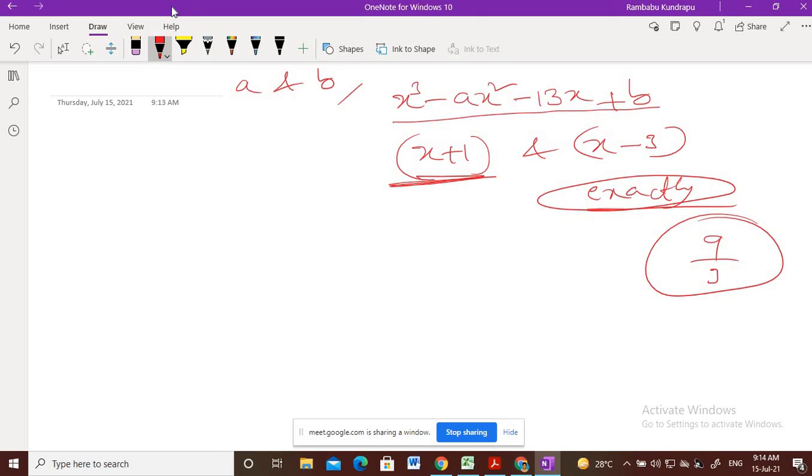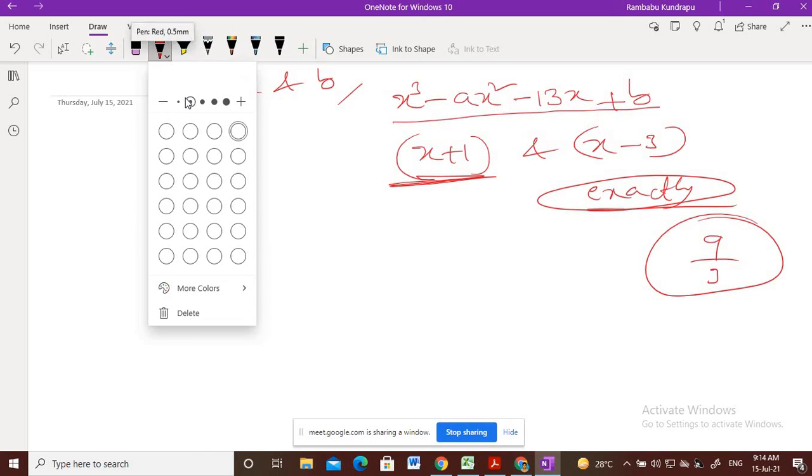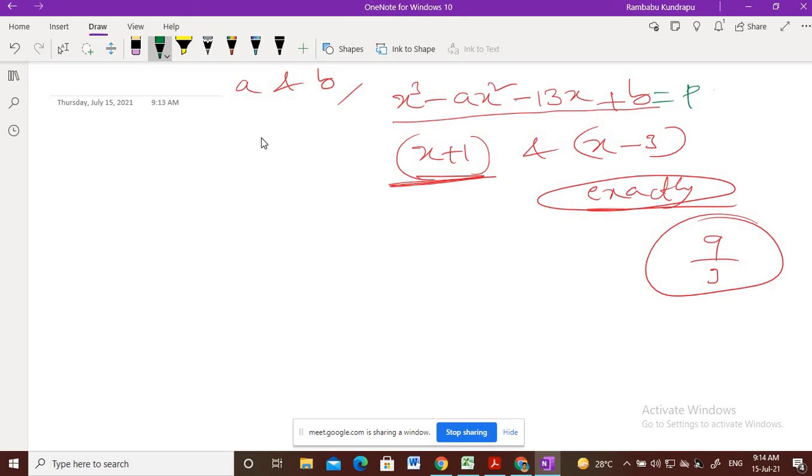By following the remainder theorem, what is the remainder? If you take the given polynomial as p of x, when you are dividing it with x plus 1, the remainder is 0.